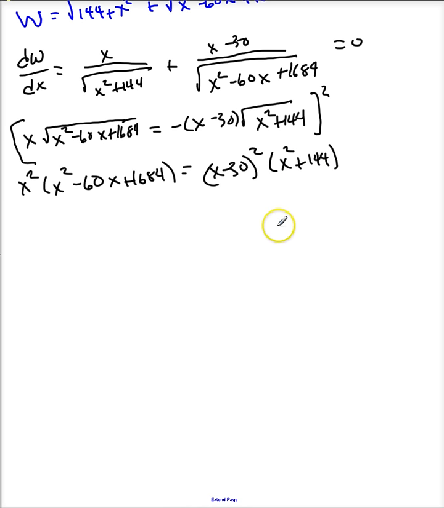Now, I know you're going to be tempted to see if you can cross something out, but don't do that. Just multiply this whole mess out and collect like terms.